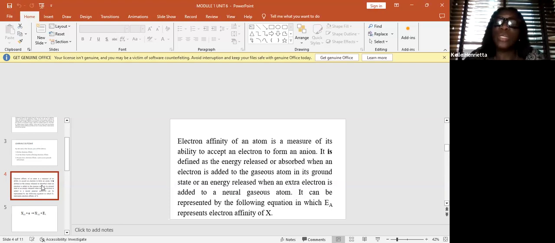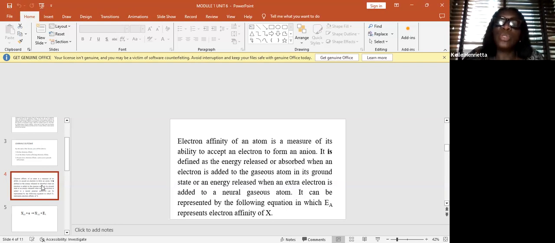And those reactions will either lead to loss of electron, and when an electron is lost, energy is involved. That's ionization energy. Or the atom can gain an electron. That now brings us to the opposite of ionization energy, as I said, which is electron affinity.